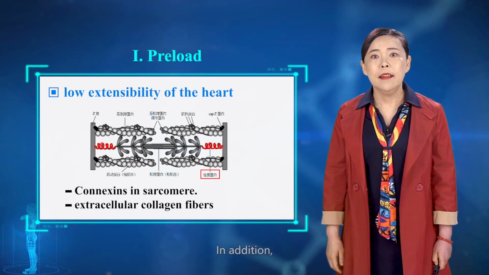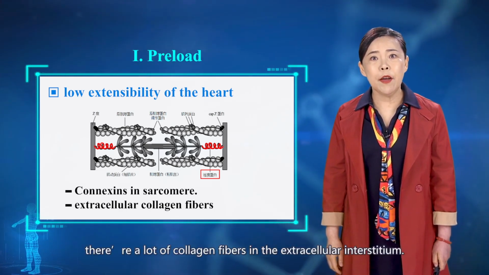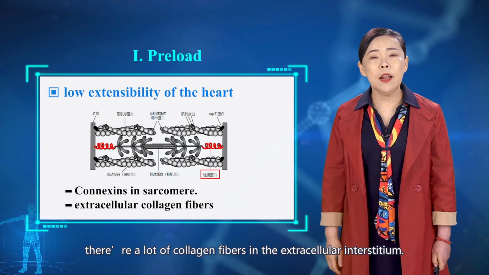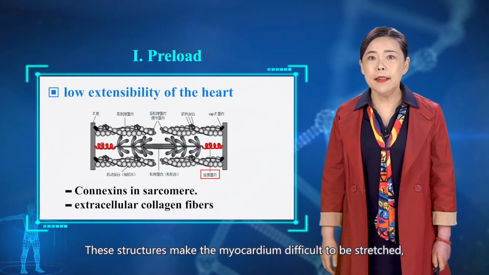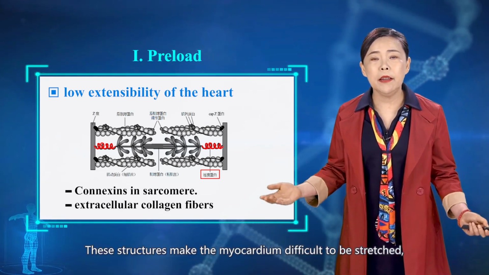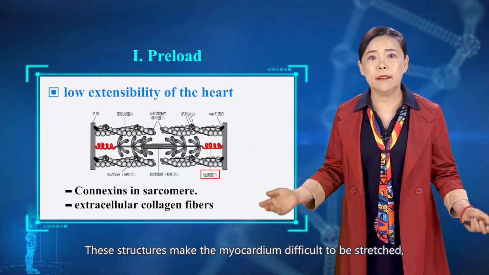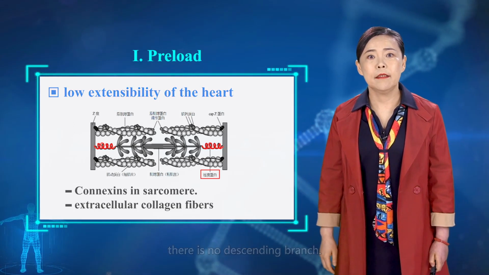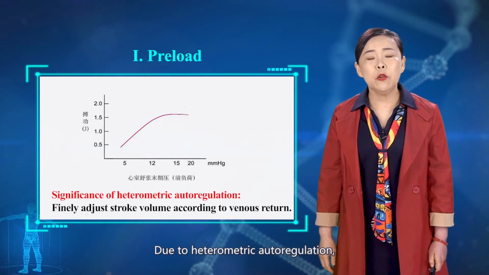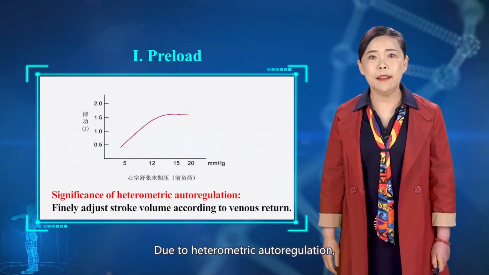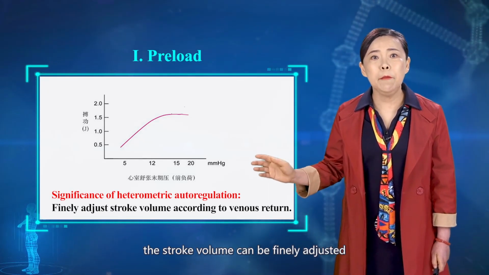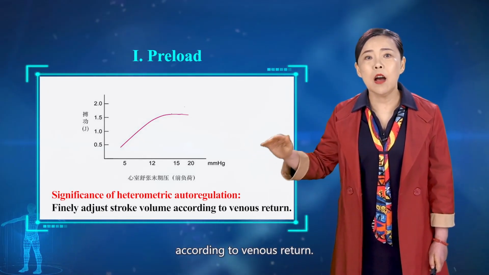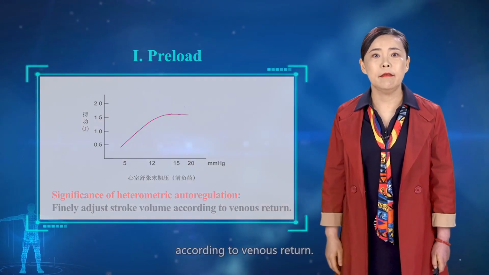In addition, there's a lot of collagen fiber in the extracellular interstitium. This structure makes the myocardium difficult to be stretched, so there's no descending branch. Due to heterometric autoregulation, the stroke volume can be finely adjusted according to venous return.